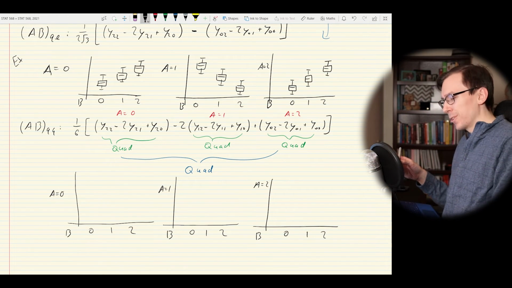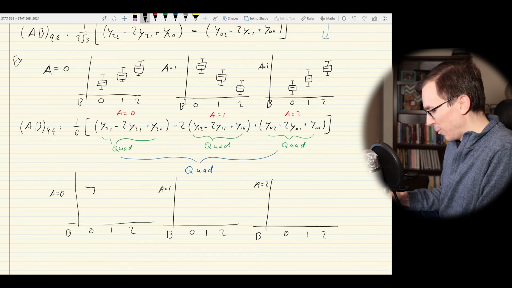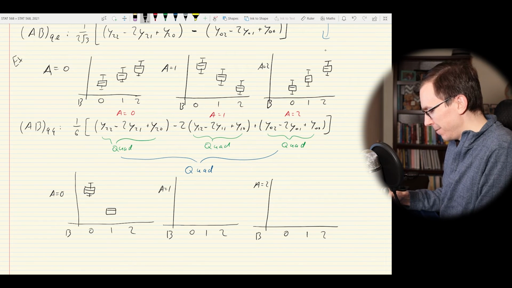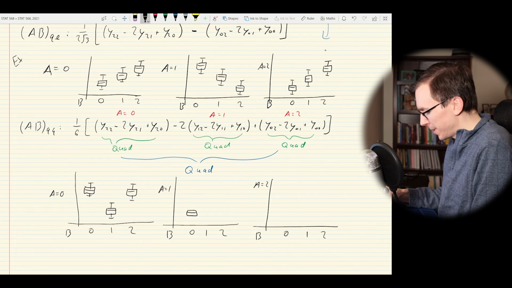And in this case, we're looking for quadratics to be changing quadratically. So one way that we might see it is to have a V shape in B at a equal to 0, which then turns into an upside down V for a equal to 1, which then turns into a V once again for a equal to 2.